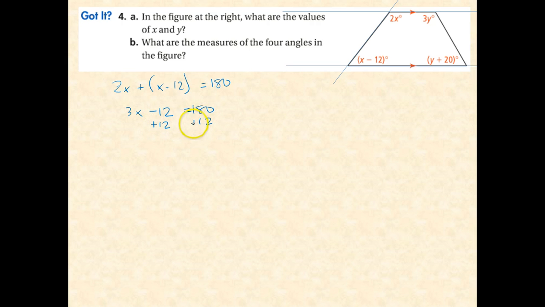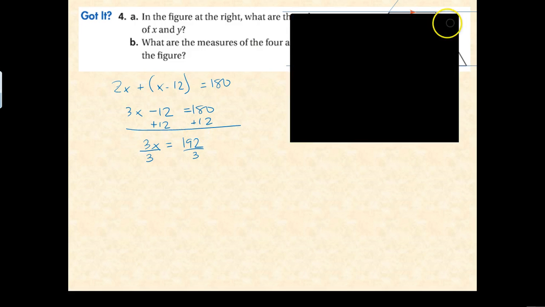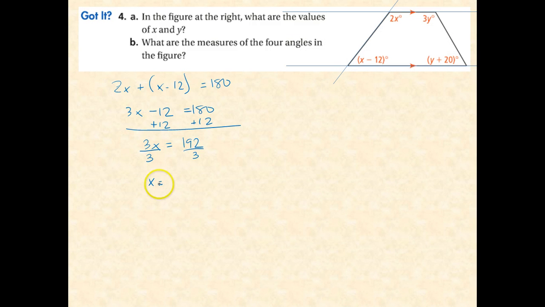Add 12 to both sides of the equation, and you get 3x equals 192. Divide both sides by 3. 192 divided by 3 is 64. So x equals 64. Bazinga!